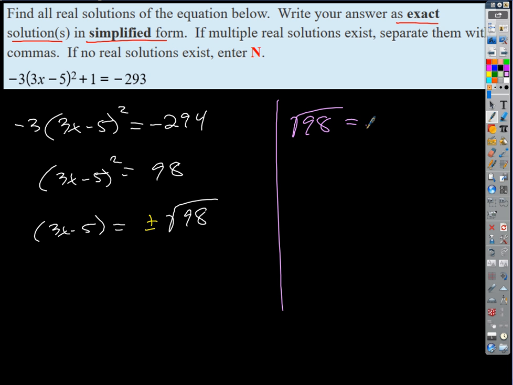So then what we've got to do here, now let's look at this last part. So we're saying, okay, the magic number here is 49, right? So the square root of 98 is the square root of 49 times 2, right? So then I'll just break that into separate square roots. I'm going to put the perfect square one first, because that's the part that's going to get out of the square root, isn't it?